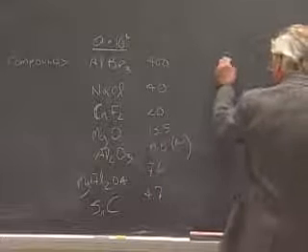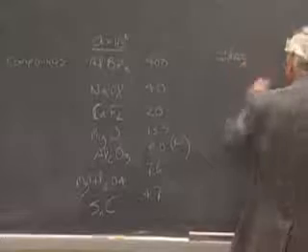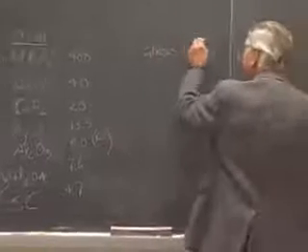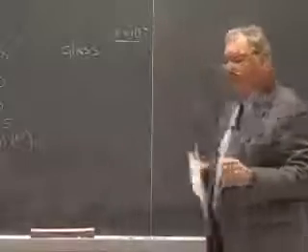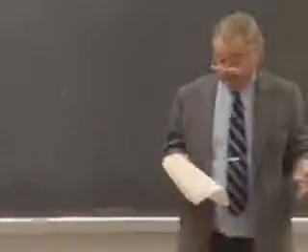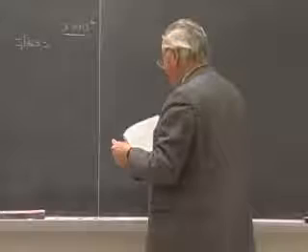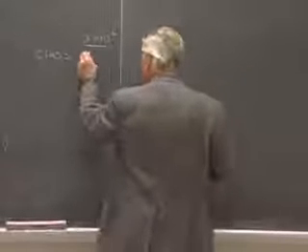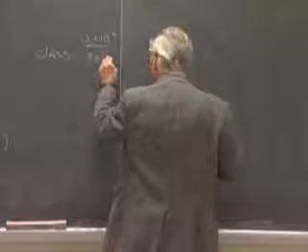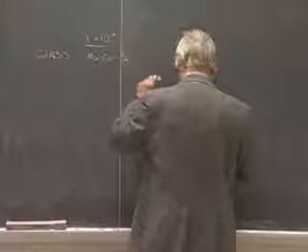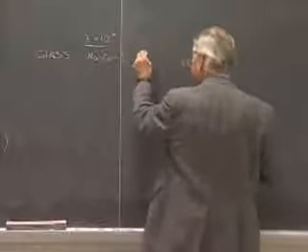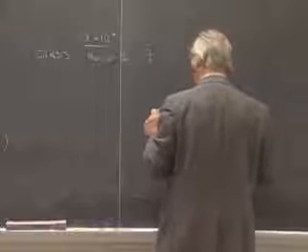For glasses, here's a surprise. You might think that a glass might have about the same linear expansion coefficient as the crystalline form of the same composition, but a sodium, calcium, silicon oxide glass, so-called soda-lime silica glasses, 9, fairly low.